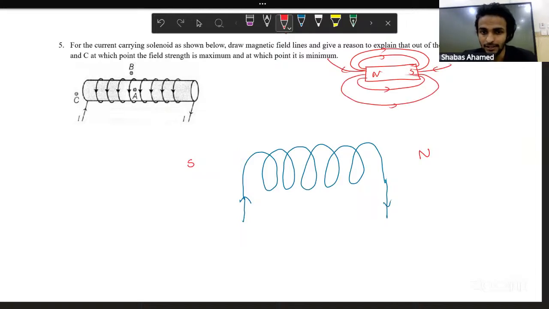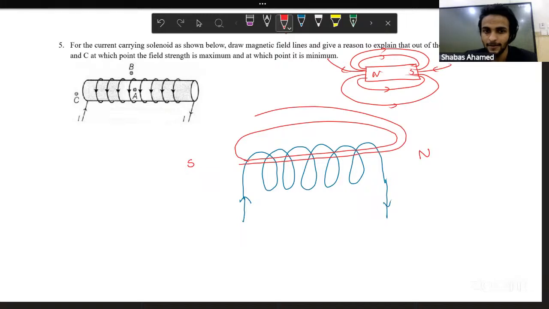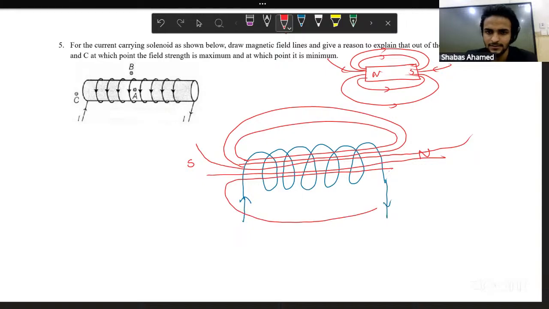So first let's start from here, one, then again the next one. I'm just drawing two. Then a straight line in the middle, then again like this. Now let's draw the directions.